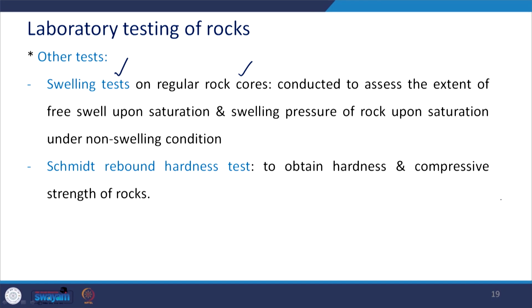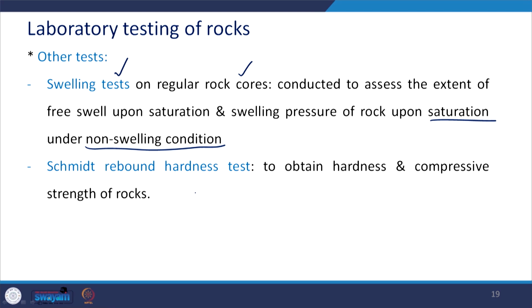These are conducted to assess the extent of free swell upon saturation and also the swelling pressure of rock upon saturation under non-swelling condition. Then the last test in this category, special tests, is the Schmidt rebound hardness test. This helps us to find hardness and also the compressive strength of the rocks.